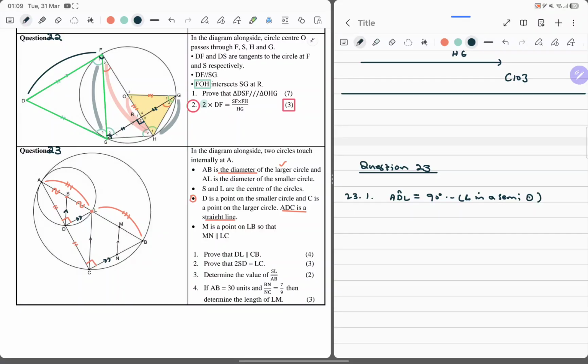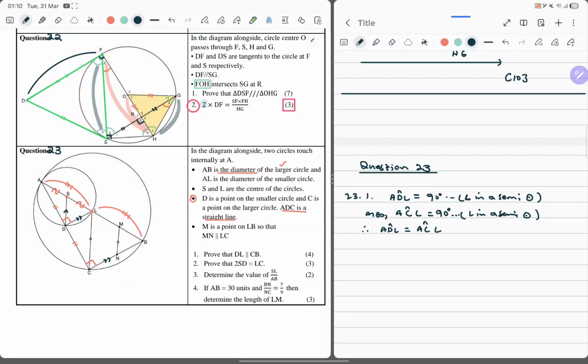The second one, we know that also, guys, ACL is also the angle in a semicircle. So what do we know now? We can say, therefore, ADL is equal to ACL.